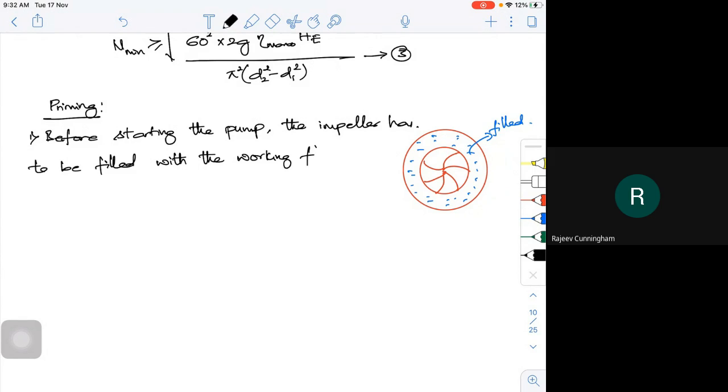What is the working fluid here? It is water. I have to ensure that the impeller is submerged properly. If the impeller is not submerged in the fluid, then we fill the casing through this priming valve. When we go for priming, there is a priming valve, this is the priming valve, and we see whether it is half filled or fully filled.